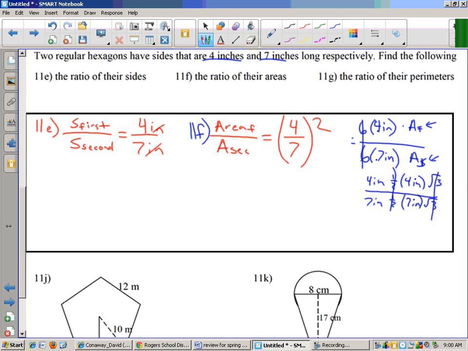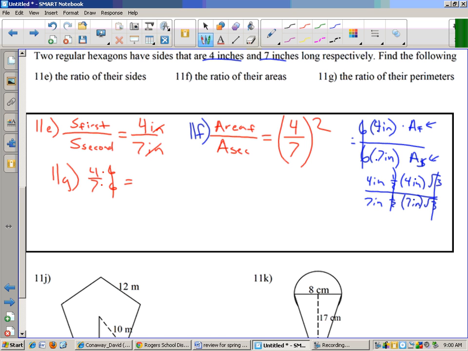And finally, the ratio of their perimeters. If the ratio of their sides is 4 to 7, you would say 4 over 7. Well, that'd be 4 times 6 over 7 times 6. What's going to happen? The 6's are going to cancel, and what's your ratio?